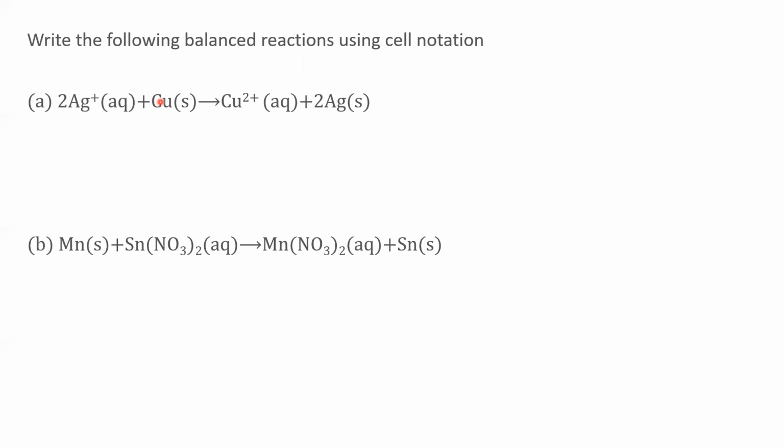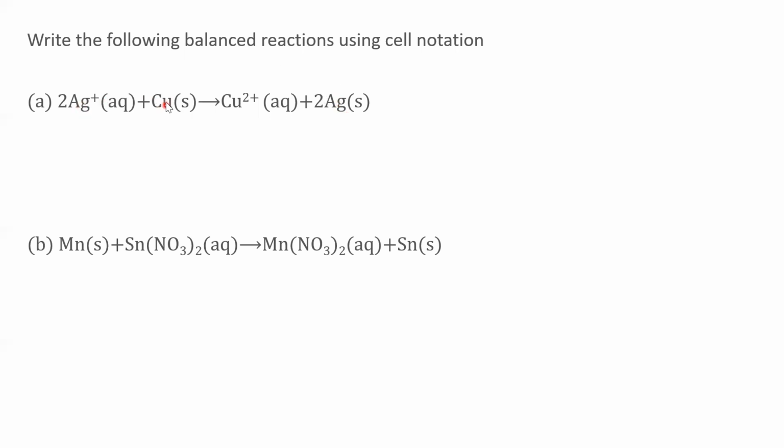Which one has the oxidation number going up? Silver ions or copper atoms? Right, silver ions. Silver ions are going from a +1 on the reactant side to a 0 on the product side. Sorry, I'm doing this backwards. +1 to 0, silver ions are being reduced.